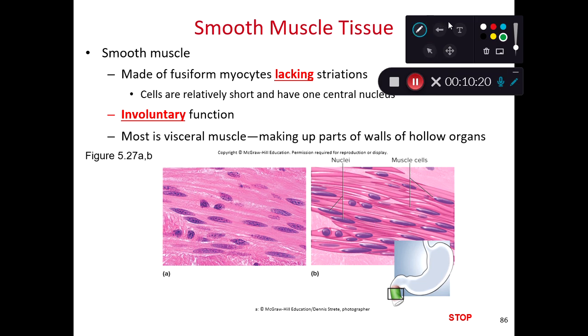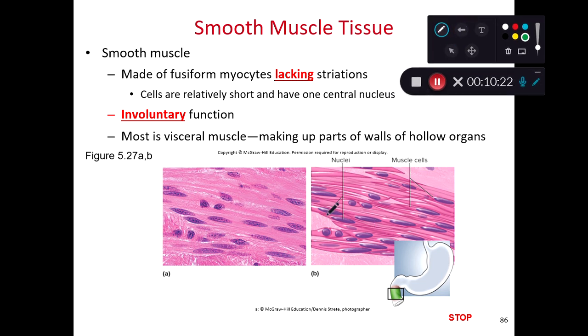Let's move on to smooth muscle tissue, our last slide of this presentation. Smooth muscle tissue has fusiform cells. And when we say fusiform, we're just saying that they start out pointy, they get wide in the middle where the nucleus is, and then they end pointy. So they start pointy, widen in the middle, and end pointy. That's a fusiform shape.